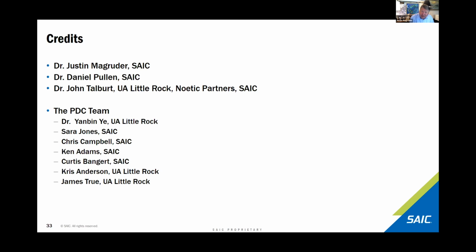Sarah Jones is the Director of Data Governance for SAIC, and I want to give her a nod because she's been shepherding our program for the last 6 or 8 months, as we've tried to turn this theory into practice. Chris Campbell is our data program manager who's leading the effort, pulling together all these threads into a program that we can make sure is manageable.